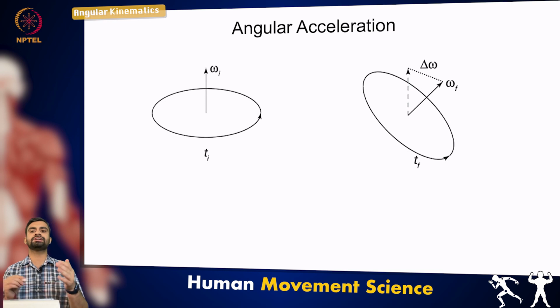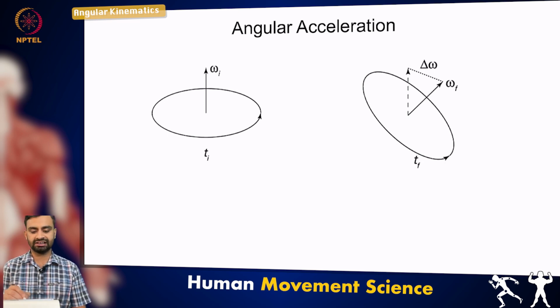So the circle which that sports implement is making changes its direction or the plane of rotation, and with that, your direction of angular velocity also changes.